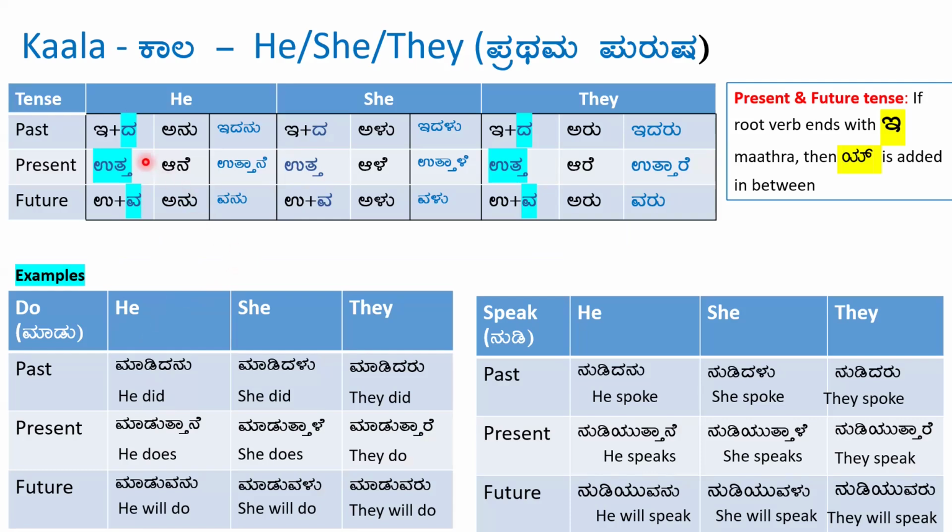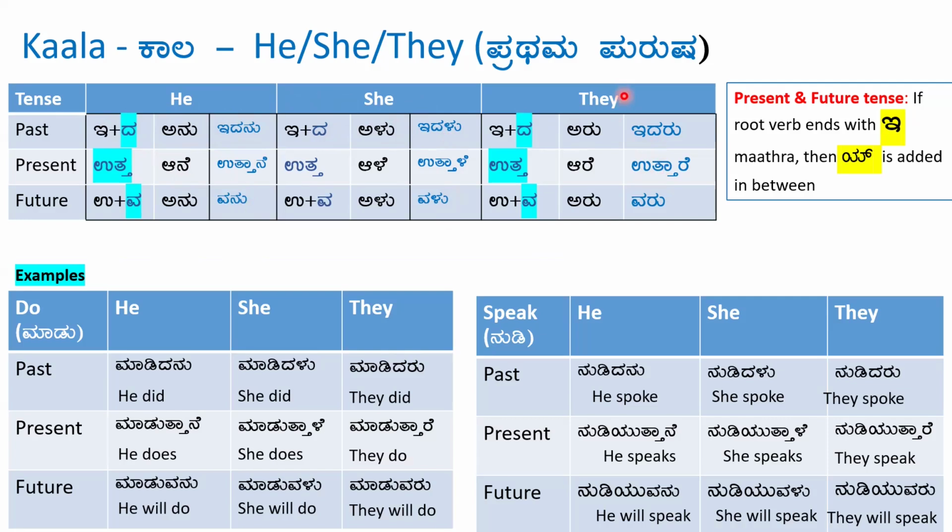As you can see, the first column indicates the Kala Suchaka Pratyaya. Second column indicates the Akhyata Pratyaya. Third column indicates the combination of Kala Suchaka and Akhyata Pratyaya. The three columns have been written for he. Similarly, three columns have been listed for she and three columns for they.